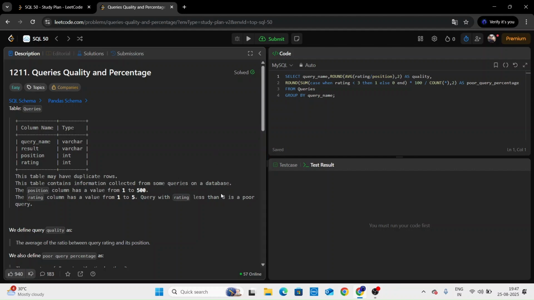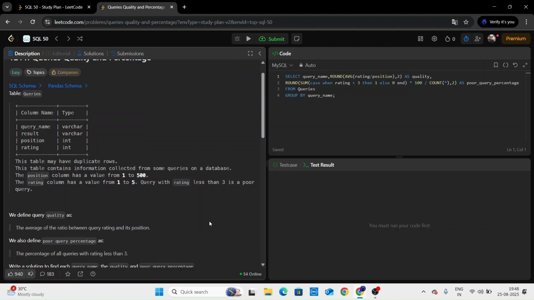Basically if rating is less than 3 then it is a poor query. We need to find the percentage, I think.